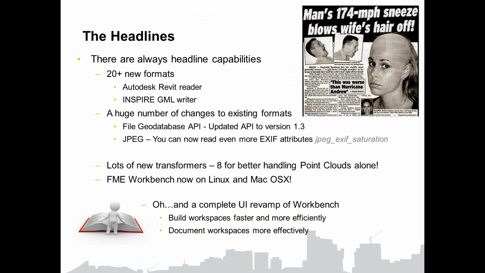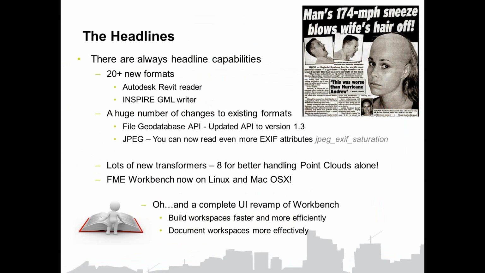There are a lot of changes to existing formats, far too many to list really, but things like the Esri File Geodatabase API, the free API that was released in 2012 to allow you to work with geodatabases without an Esri license, has been upgraded to version 1.3. If you work with photographs or imagery quite a lot, formats like JPEG have these things called EXIF attributes.